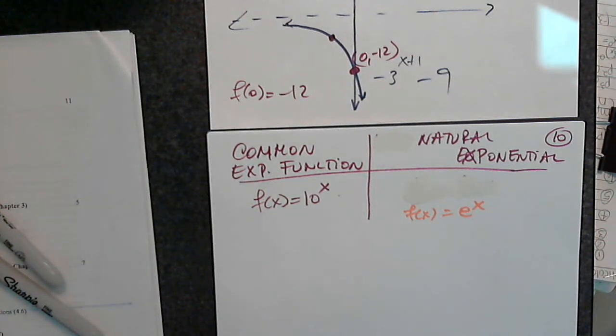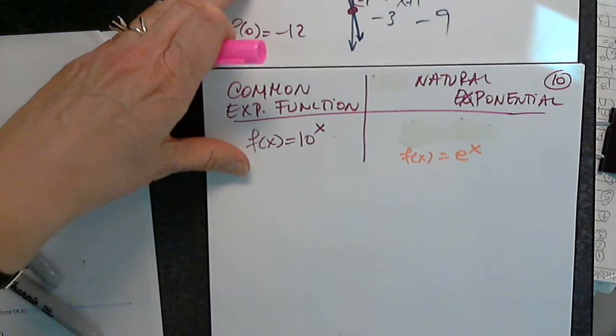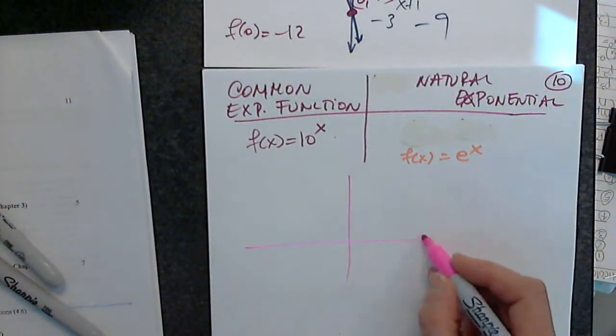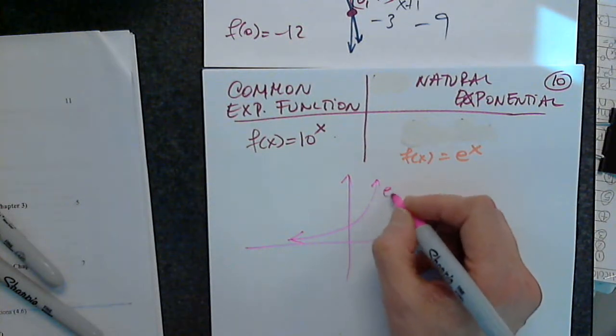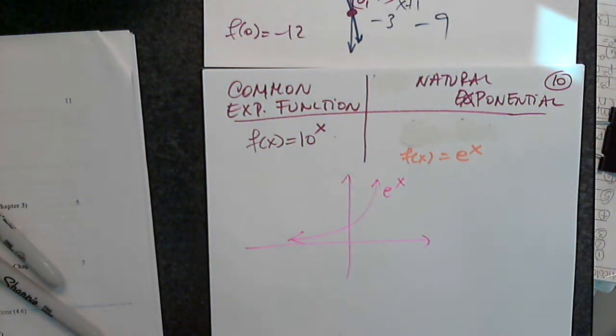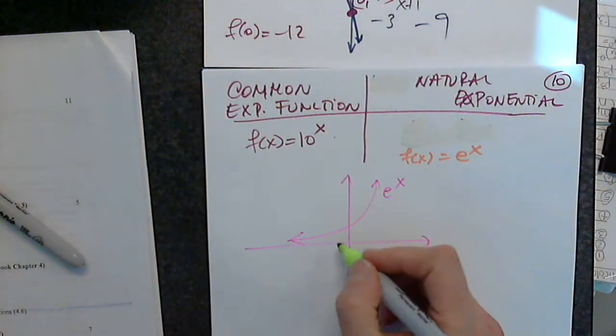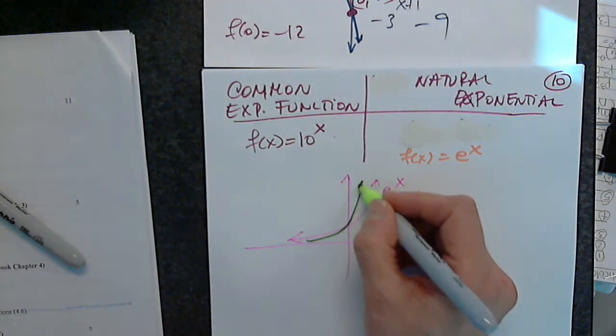So both these functions look the same. The shape is the same. So if this is e to the x, this will be 10 to the x.